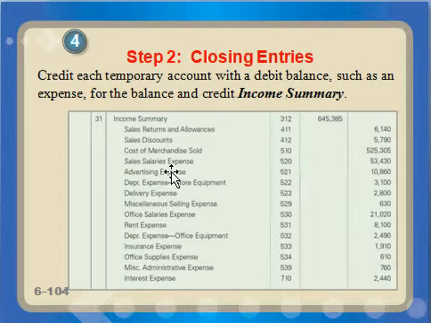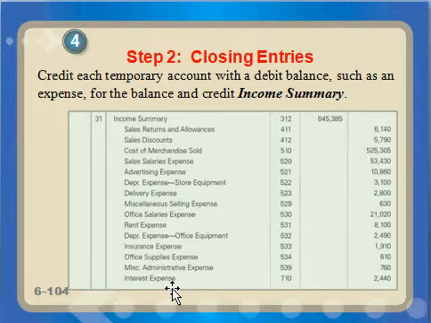We're just crediting each one of our expenses: salaries, advertising expense, depreciation expense, delivery expense, miscellaneous selling expenses, office salaries expense, rent expense, depreciation expense for the office equipment, insurance expense, office supplies expense, miscellaneous administrative expense, and the interest revenue.